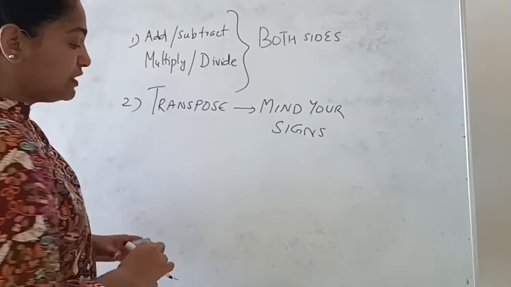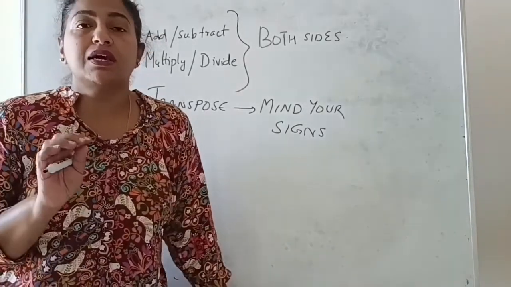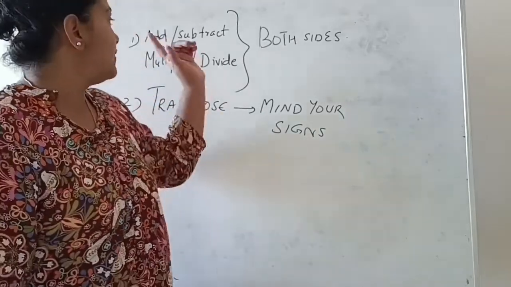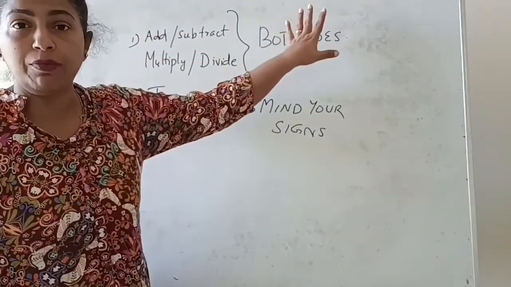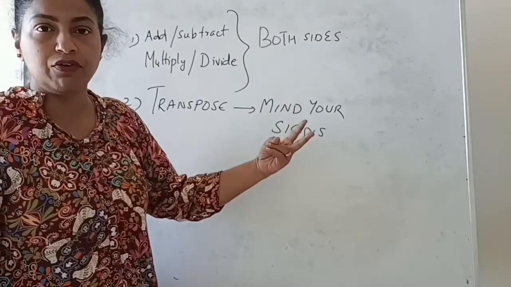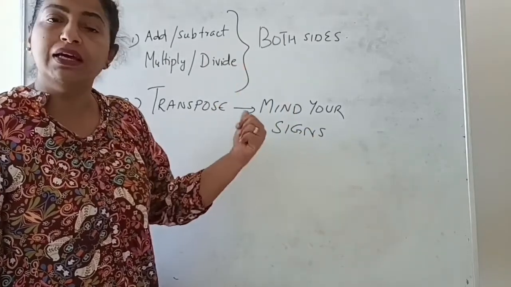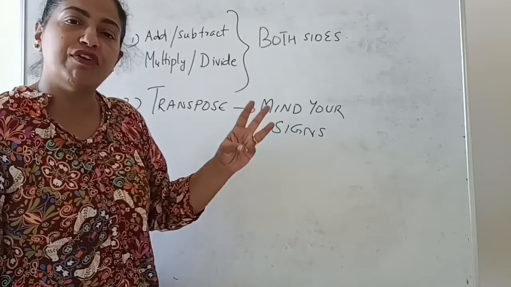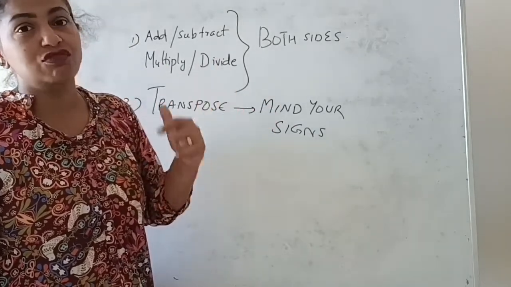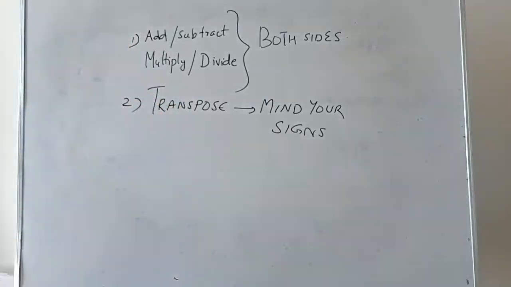Now let us start with the steps on how to solve the linear equations. We are done with the rules. Add, subtract, multiply, divide has to happen on both sides. Transpose, mind your signs. Two simple rules. You can easily remember them. Let us get to the steps of fraction, bracket and transpose method of solving linear equations.